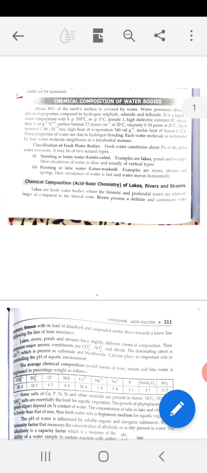About 80% of Earth's surface is covered by water. Water possesses abnormal physical properties compared to hydrogen sulfide, selenide and telluride.